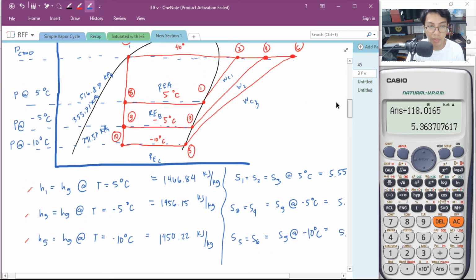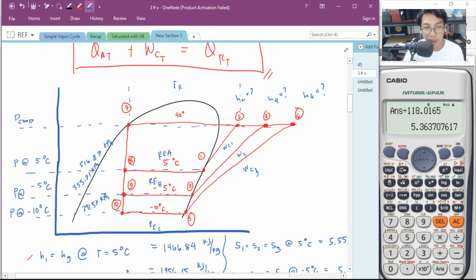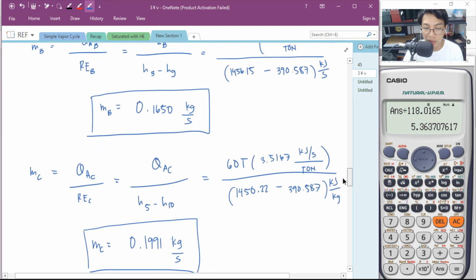Tignan mo dito, pre. Oh, ito yung ERA mo, yung from 2 and 7. Yung 4 and 7, saan nagmula yan? Sa B. Yung 6 and 7, saan nagmula yan? Bababa naman yan dyan eh. Yun yung C. Ba't ko ginawang 7?